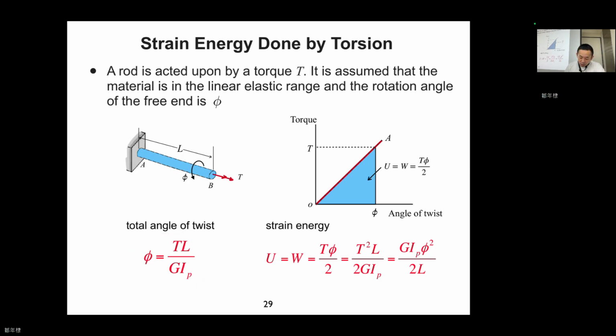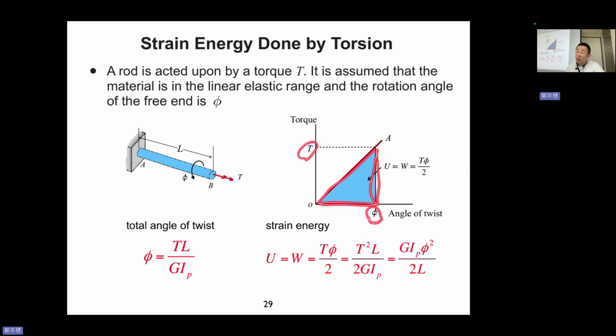So again, your torque is on the y-axis, and x is your angle of twist. Then your U, the internal strain energy, will be equal to the work done on the system. So you have T times phi divided by 2.